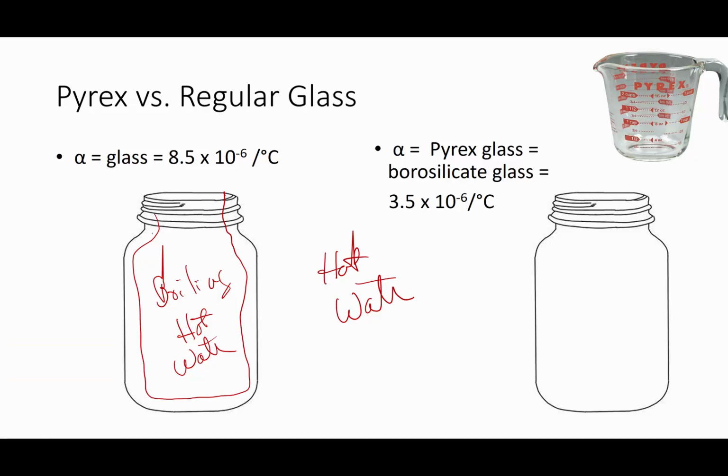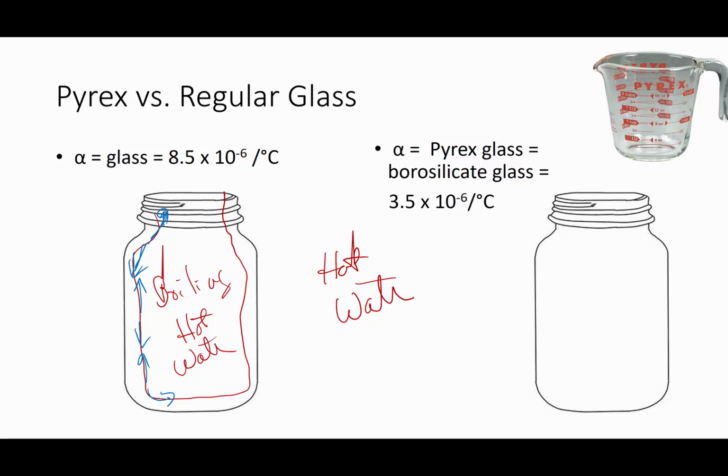And as the inside of that jar expands, it does not transfer the heat well, because it is an insulator, to the outside of the glass jar. And so this inside is going to expand at a much faster rate than the outside, and that is going to mean that the whole jar is going to be under a stress and it is going to break.